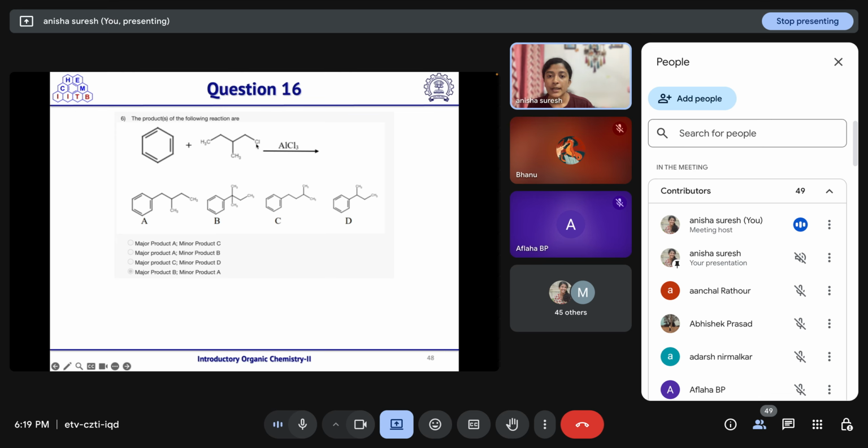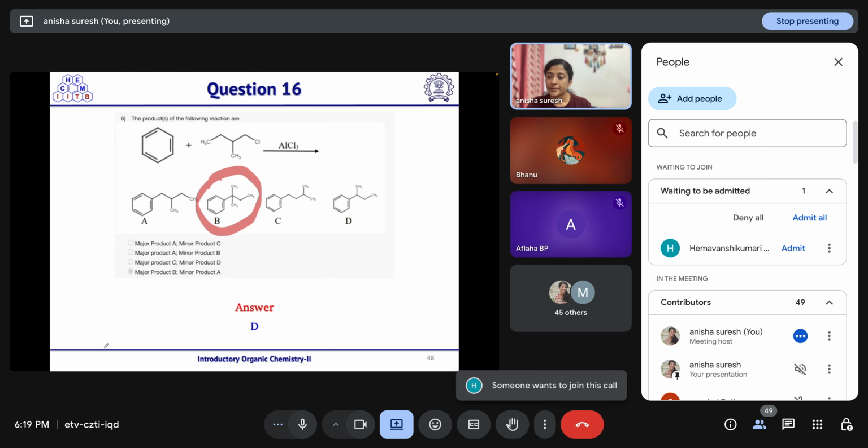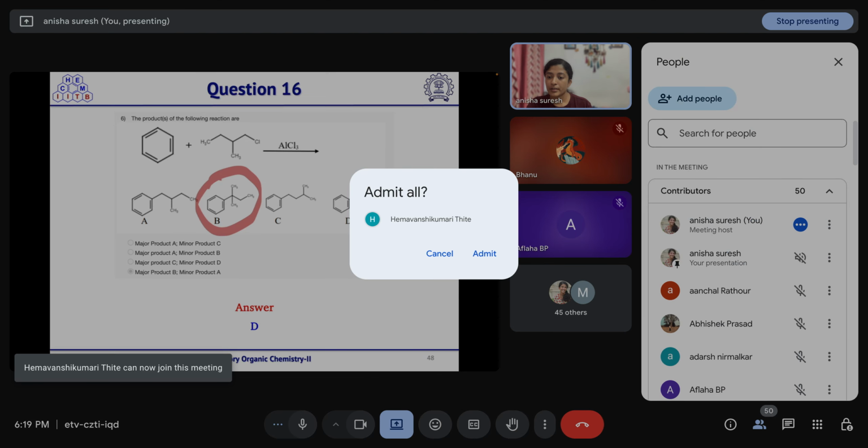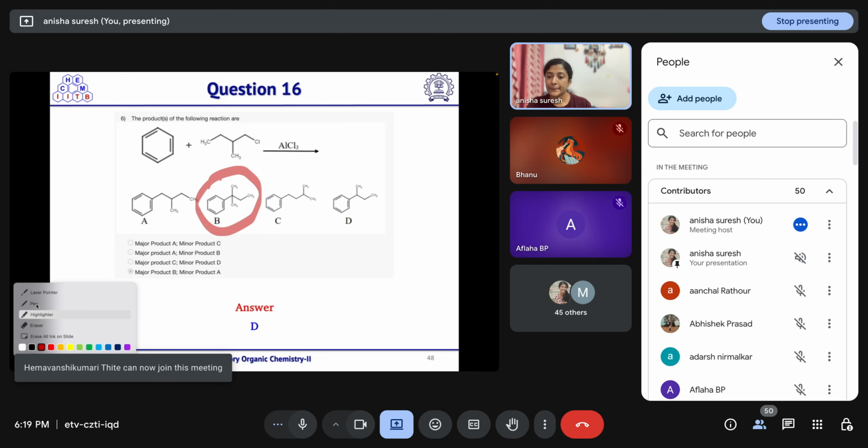So in this case, the major product will be B. This will be the major product and A will be the minor product. Option D is the right answer. Clear?